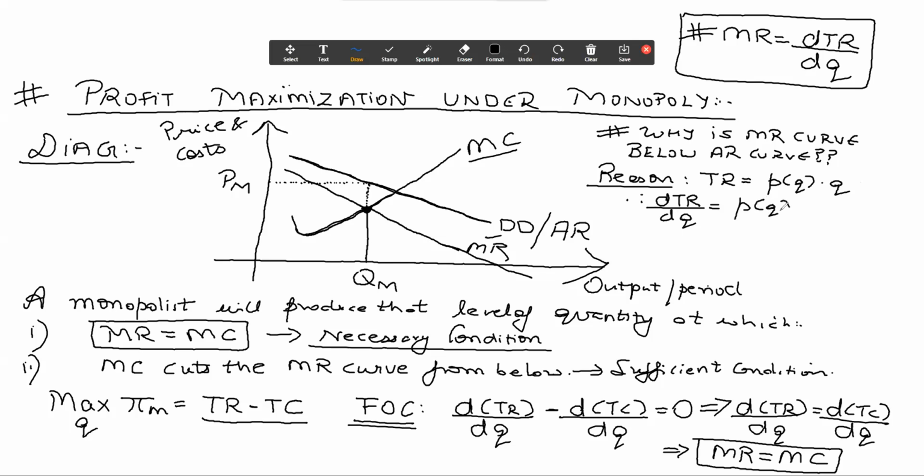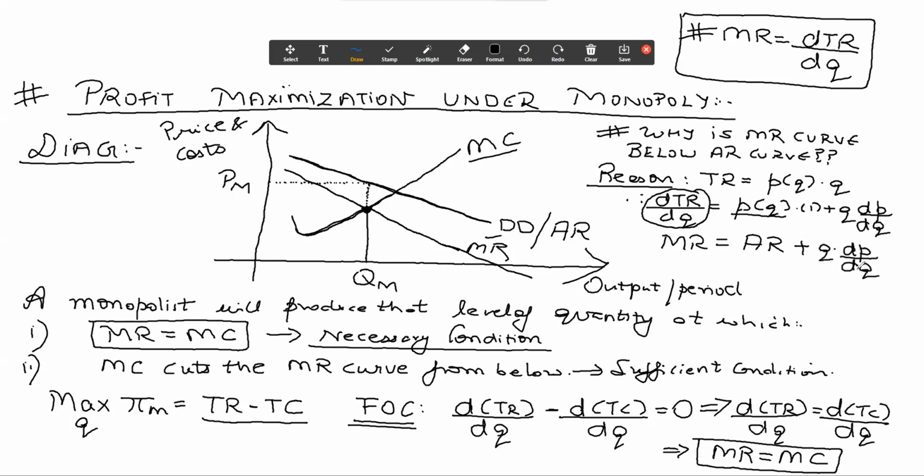The derivative of P(Q) times Q is P(Q) times 1 plus Q times the derivative of P(Q), which is dP/dQ. So this dTR/dQ is nothing but the marginal revenue. P(Q) is nothing but the average revenue, because we just found out five minutes back that my average revenue is nothing but the demand curve, which is P(Q), plus Q times dP/dQ.